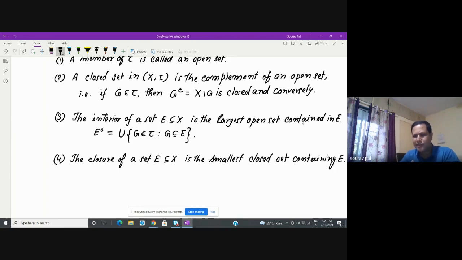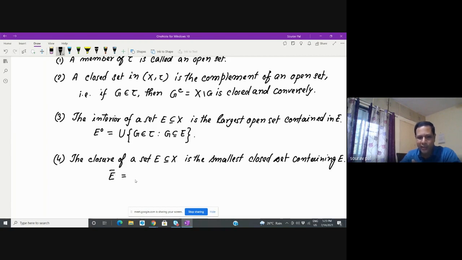Here, the interior is the largest open set contained in E, and this is the smallest closed set that contains the set E. So we use this notation for closure.